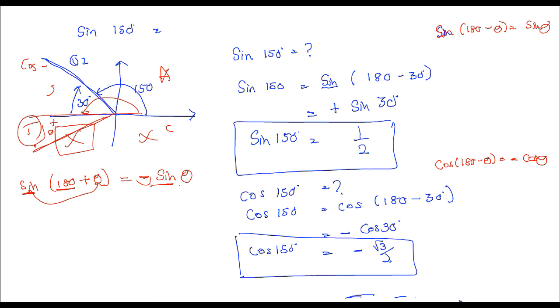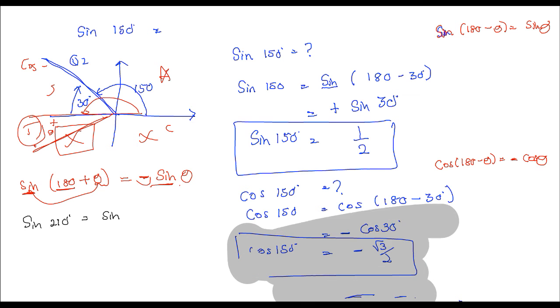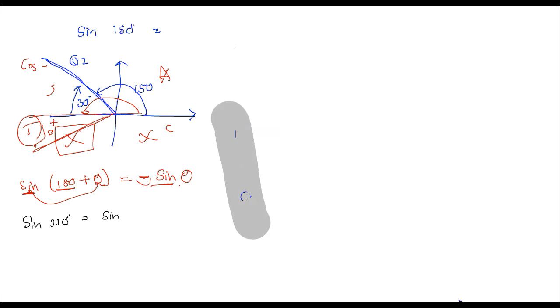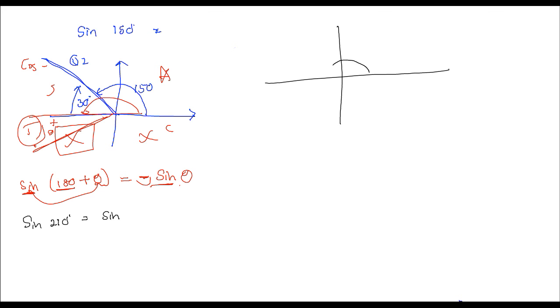Okay, let's do a question. Let's say we have to find sine 210. 210 is 180 and then you have 30, so that whole angle would be 210.